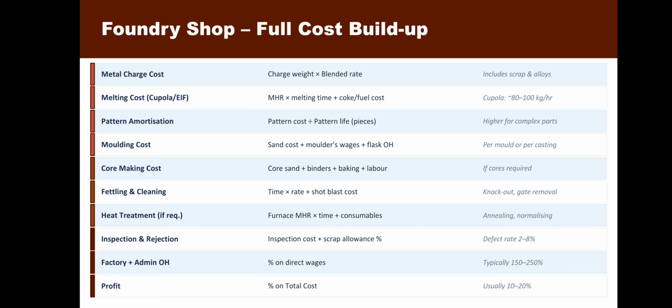We can find the profit also by using a formula, percentage on total cost, usually 10 to 20%. So these are the different equations or processes included in the foundry shop.